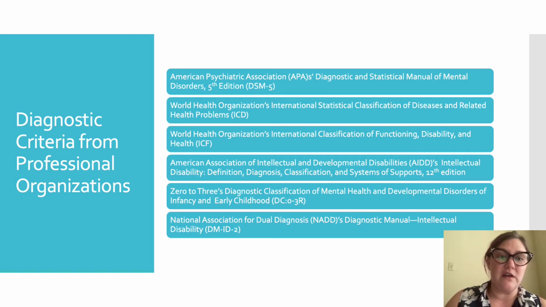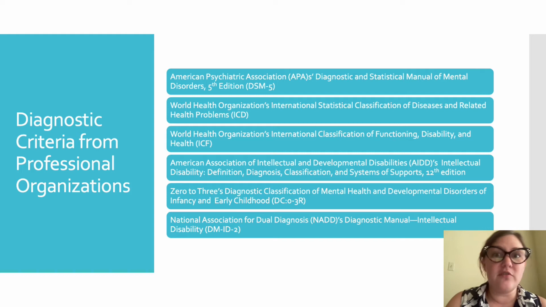Also, social workers come in contact with the World Health Organization's International Statistical Classification of Diseases and Related Health Problems, or for short, ICD. The current versions of the ICD that are being used now across the world are the ICD-10 and the ICD-11.